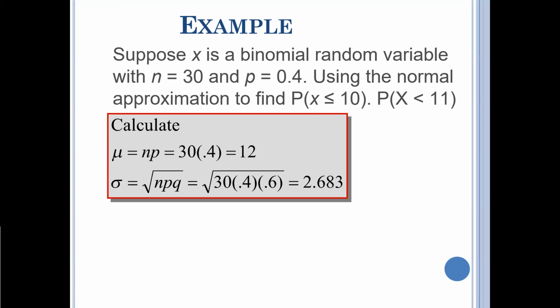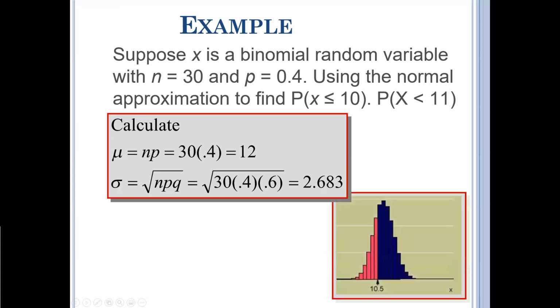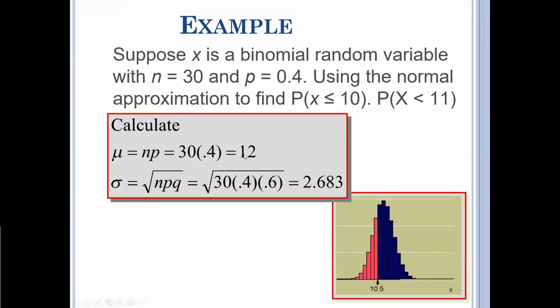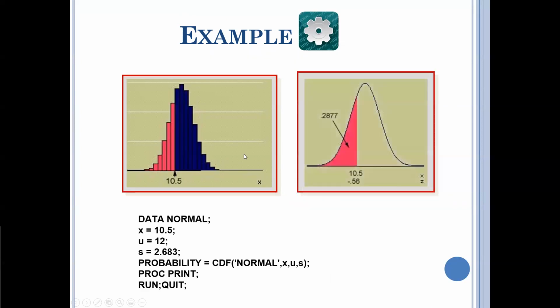And once we know those two things, we use those to create the normal curve that approximates, right? Because to do a normal curve, we need to know the mean and standard deviation. So these become the mean and standard deviation of the approximating normal curve. So there's the binomial. There's the normal curve that approximates it. Again, we wanted everything less than or equal to 10.